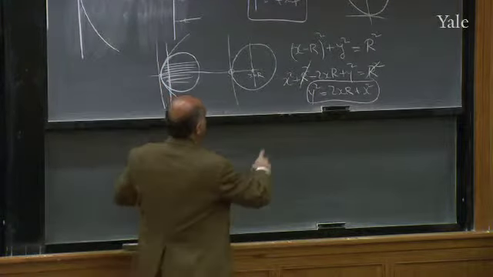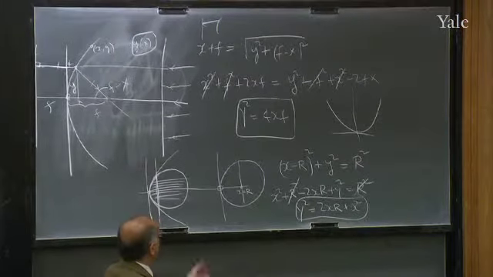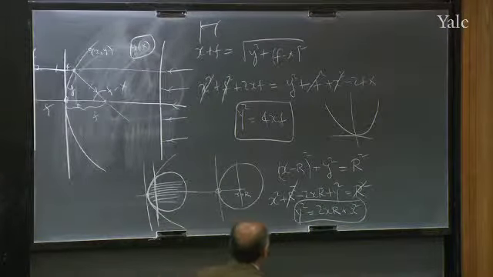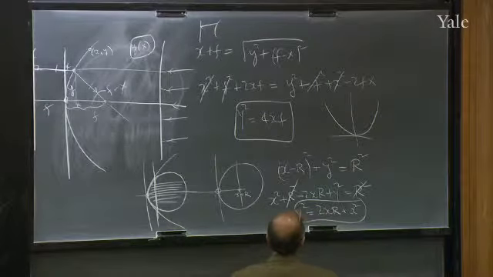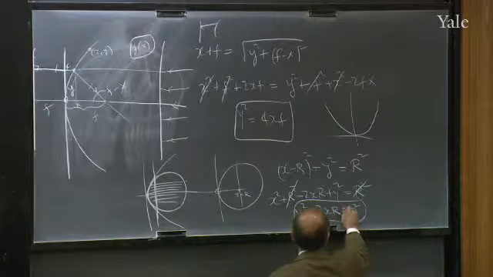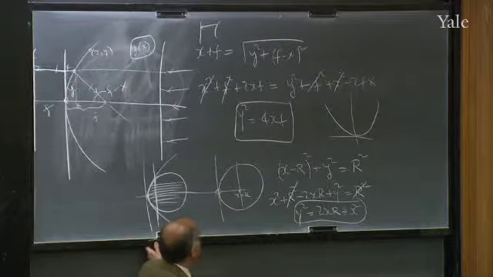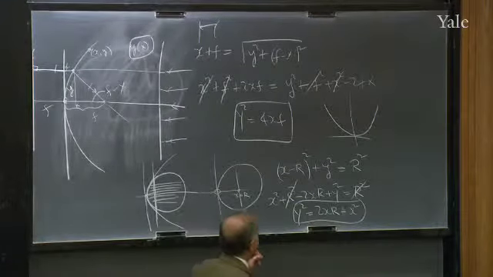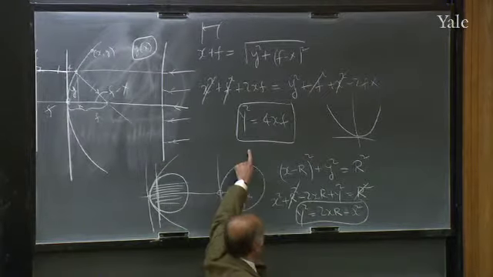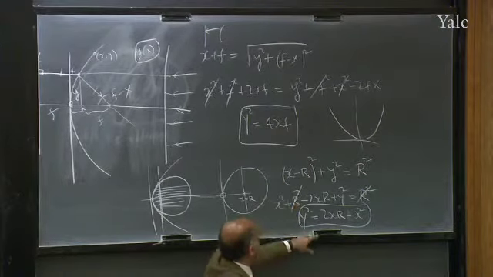Now I want you to compare this equation for a real parabola. They don't look the same. Now, the way to think about this is that but for this minus x squared term, this equation looks like a parabola, but if you compare the two, you find 4xf is equal to 2xr.